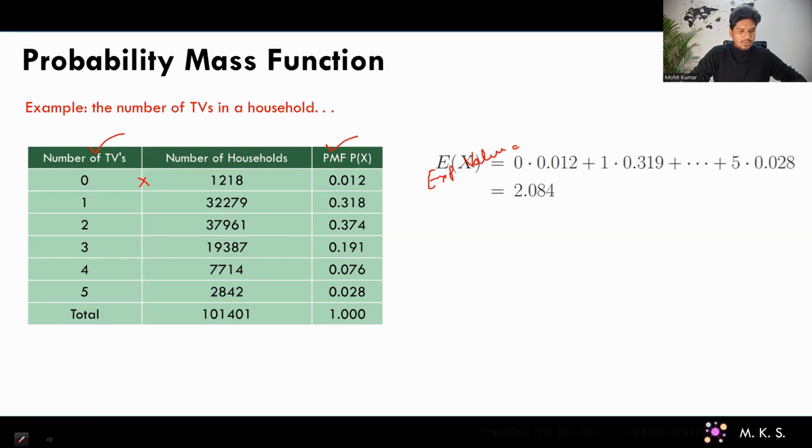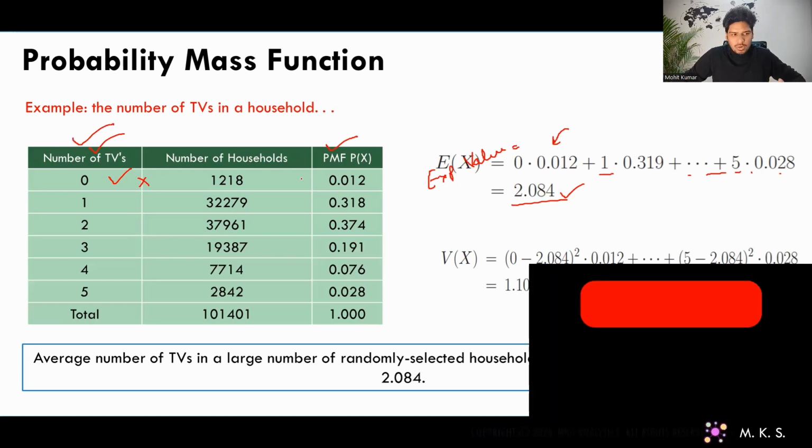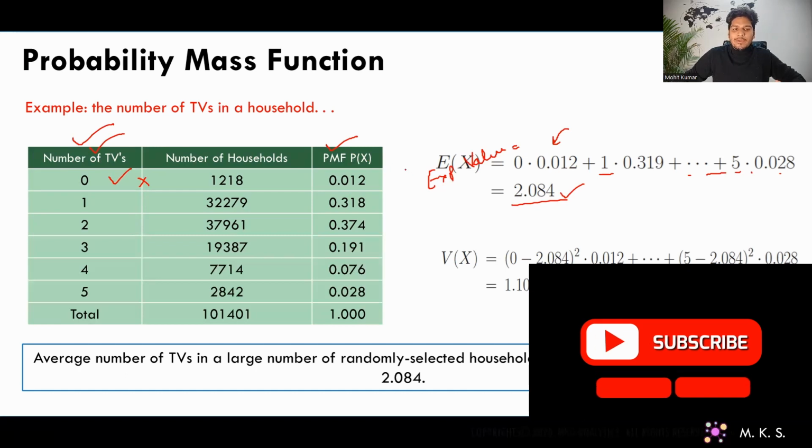So 0, that is the number of TVs, your random variable value, times its corresponding PMF, 0.012, plus 1, the random variable value, times the PMF corresponding to that value, 0.319, and keep on summing all these values. Then you will get your expected value, which comes to 2.084. So that's your expected value of the number of TVs. On an average, you have 2.084 TVs in a household, right? This is how you calculate the expected value.